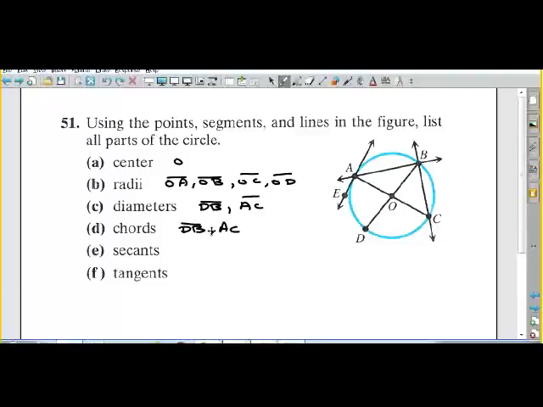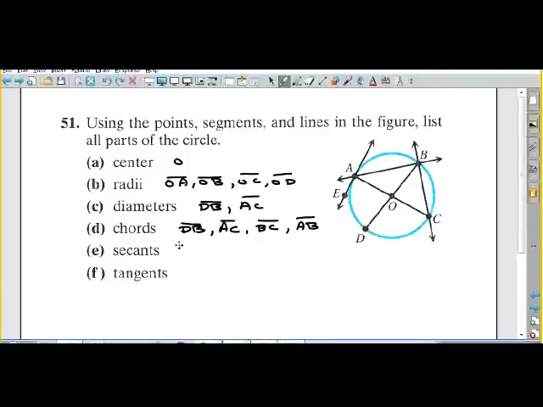Yep, DB, AC, yep, BC, yes. Okay, that's correct. So two of them are the diameters, and two of them are these two line segments.